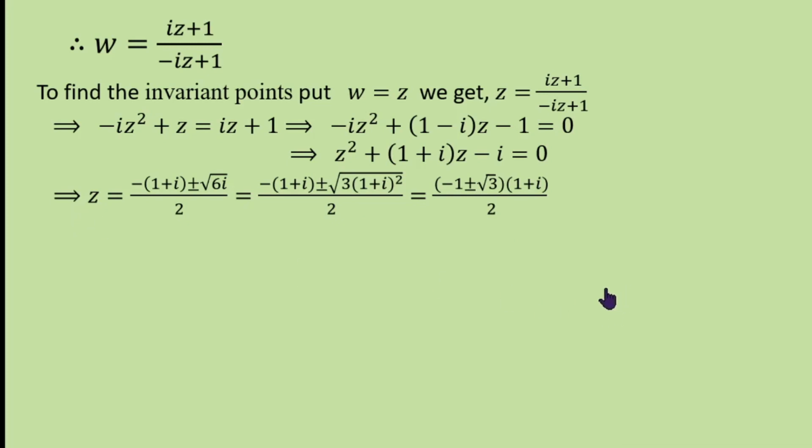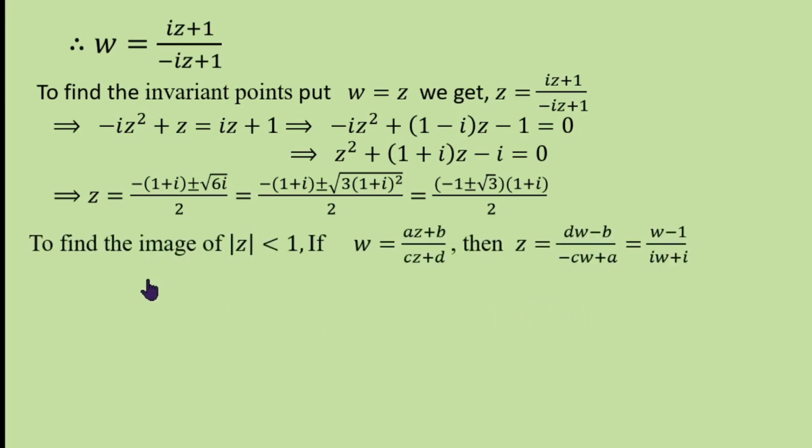And one more question is there, to find the image of modulus of z less than 1. If w is (az plus b) by (cz plus d), then to find the z value in terms of w, z becomes just to interchange a and d and change the sign of b and c. Here a is i and d is 1, so interchange.